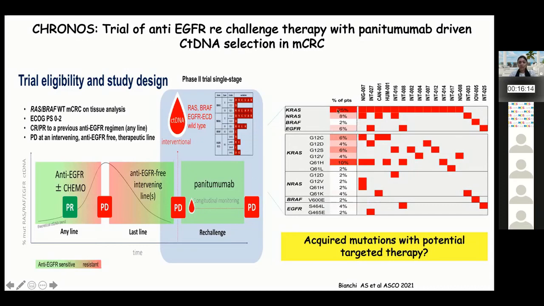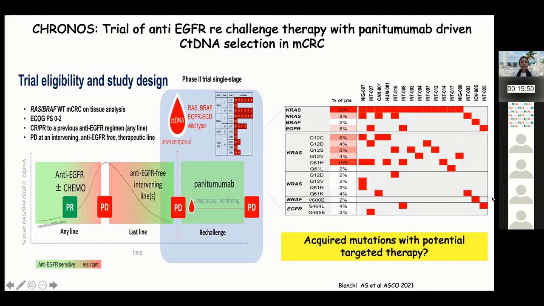Interestingly enough, you can see that 25% of patients had developed a RAS mutation, of which 6% actually had a G12C RAS mutation, making it interesting because we know that there are targeted agents towards this. But more interesting than that, you can see about 2% of patients actually develop a BRAF mutation, where we know that there are, again, targeted therapeutic agents for these patients.